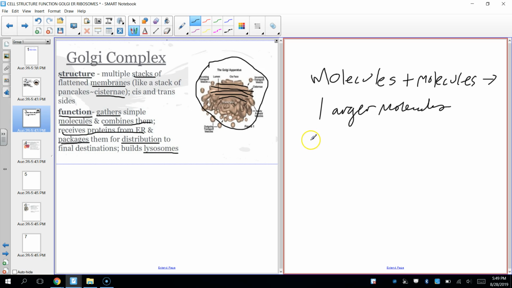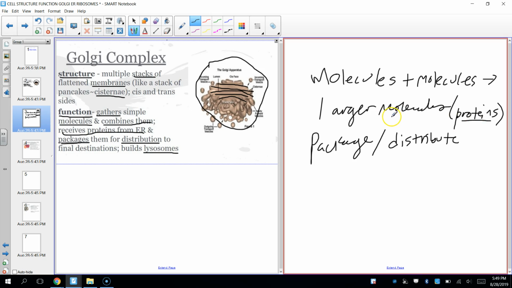And then it will package those and distribute those. It doesn't make these, but it also receives molecules from other organelles. The proteins are one of the things that it receives.